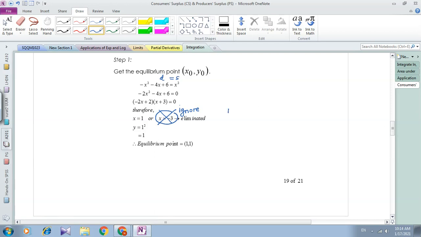You can replace x equals 1 in the supply function or the demand function, and you should get the same value of y. Y is 1. So now we have the equilibrium point 1 comma 1.